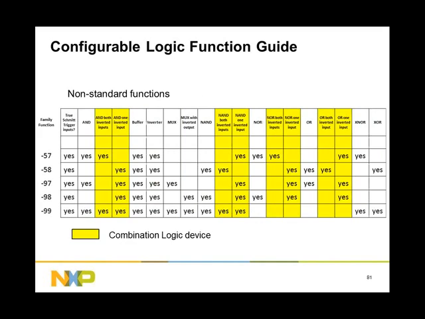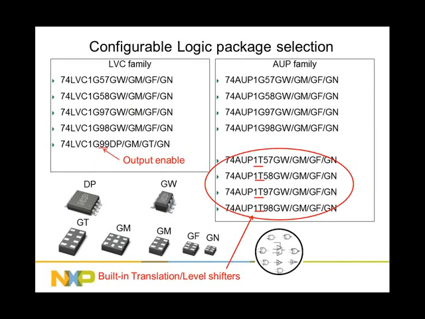You also get the combination logic devices. These are the oddball ones where you can get an AND gate with one of the inputs inverted, or an AND gate or a NOR gate with the input inverted. And these you can use, like I previously said, to reduce the component count on your PCB and also to get better speed performance. So here's the complete spectrum of products.